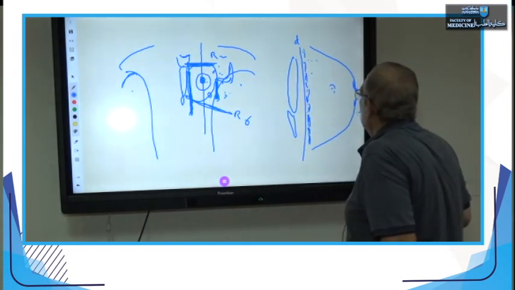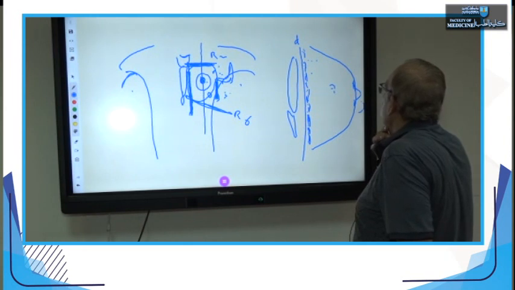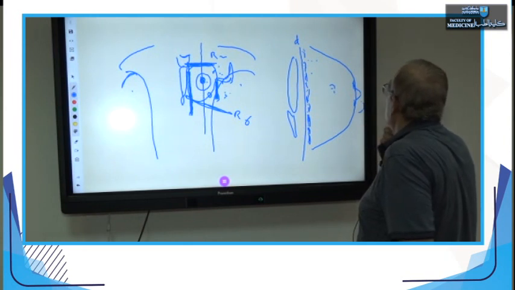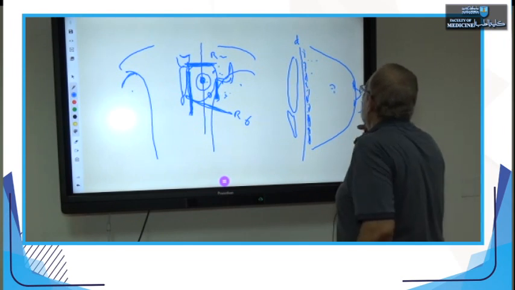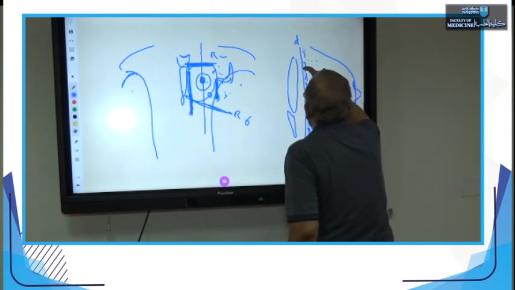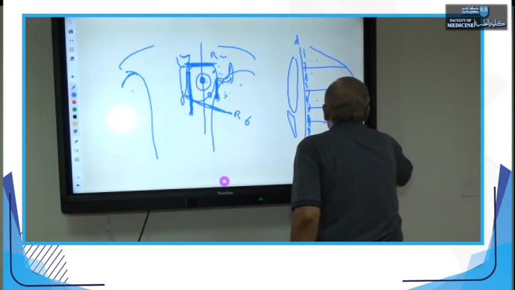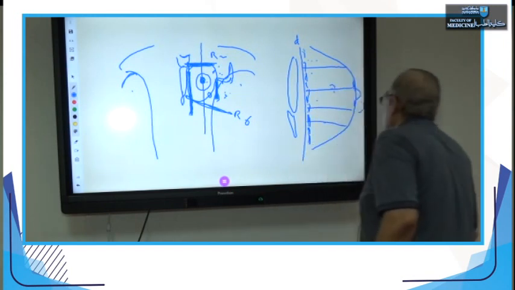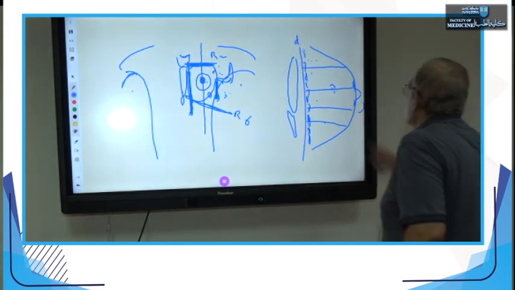Now, when we go more into the details of the breast, we'll find that from the deep fascia there are strands of fibrous tissue of deep fascia that go to the skin of the breast, about 15 to 20 strands.